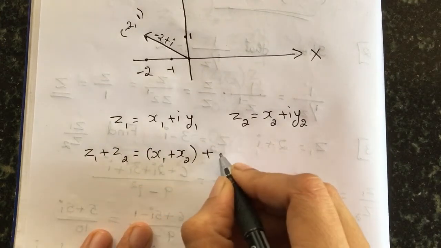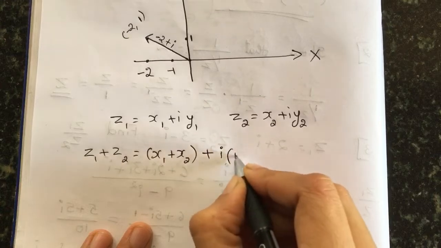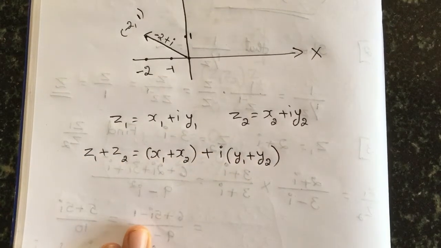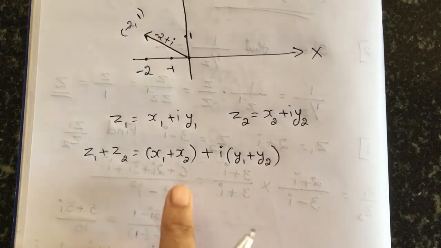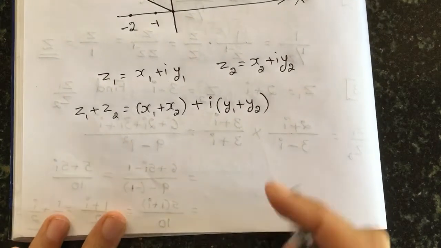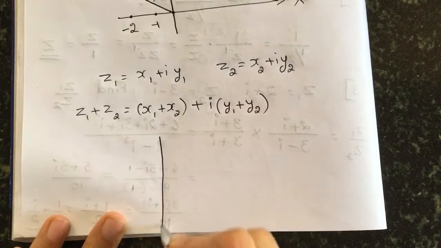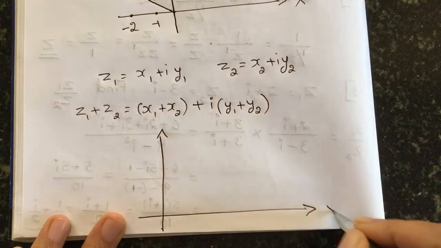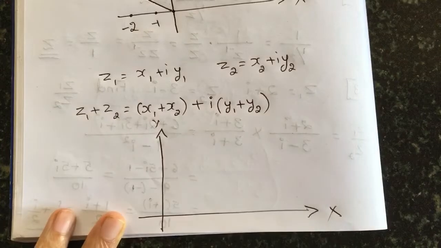So it is (x1 plus x2) plus i times (y1 plus y2). Now I want to represent this in my complex plane, with the real axis and the imaginary axis.